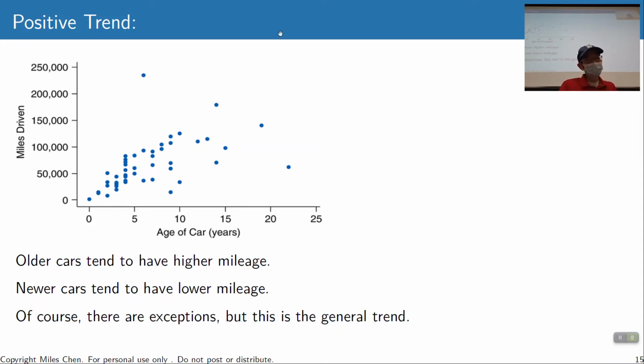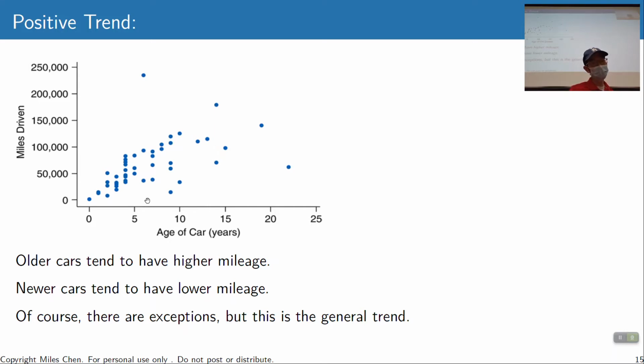In general, cars that are newer have lower mileage driven on it. And as the age of the car gets older, when you get to a 10-year-old car, you have more mileage driven on the vehicle.